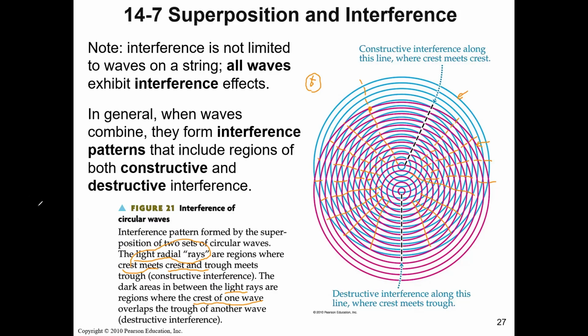Okay, can we find the regions where there is destructive interference? Destructive interference means that the peak of one wave will meet the valley of the other wave, or the crest of one wave will overlap with the trough of another wave.